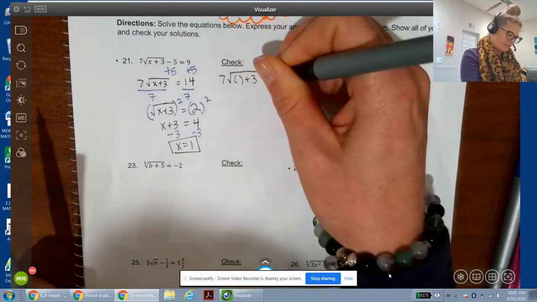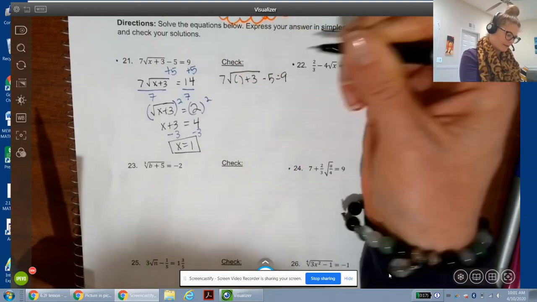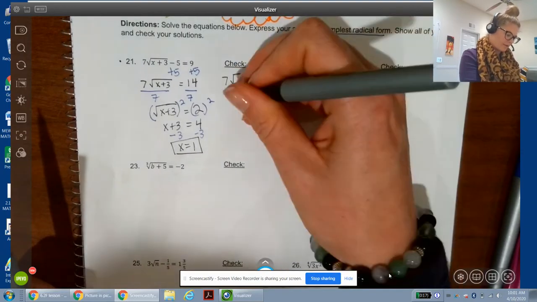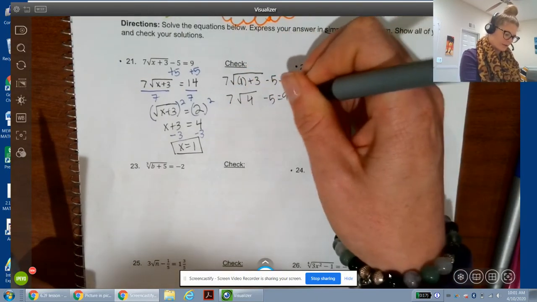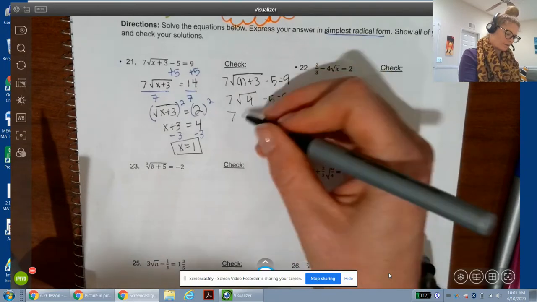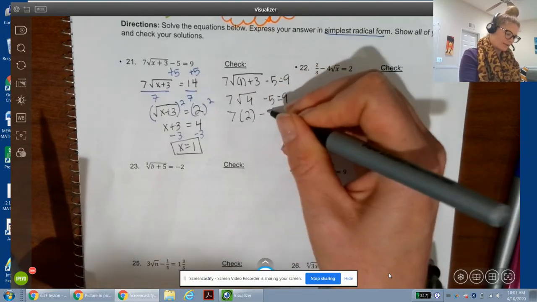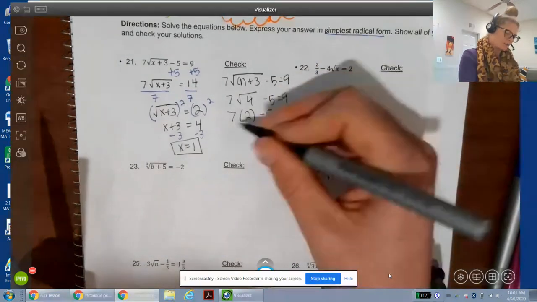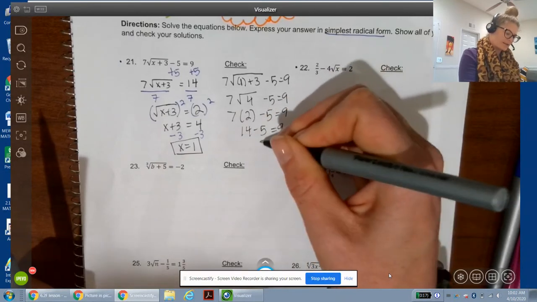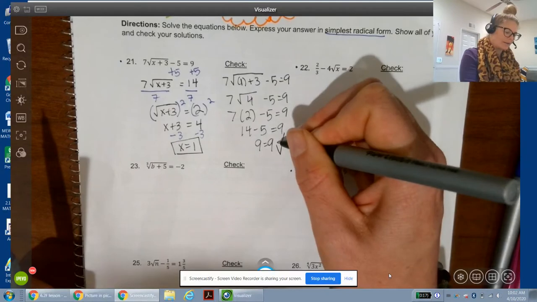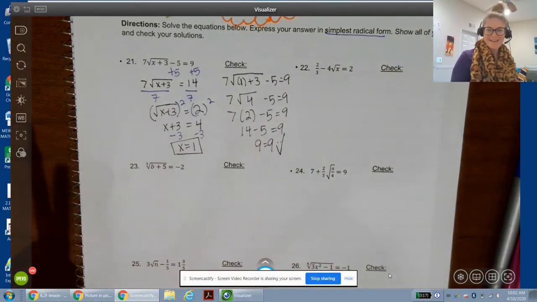I'm going to put empty parentheses. I'm going to put a 1 in there. Order of operations, 1 plus 3 is 4. I'm going to do my square root because that's kind of like an exponent before I multiply and subtract. Multiply 7 times 2 is 14. 14 minus 5 is 9, and 9 equals 9. We did it right. Yeah.